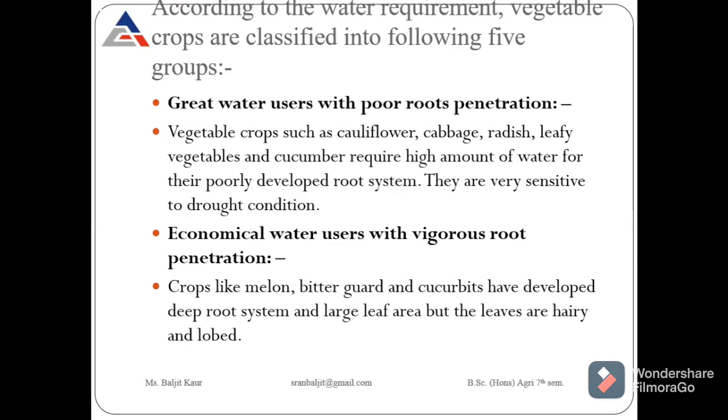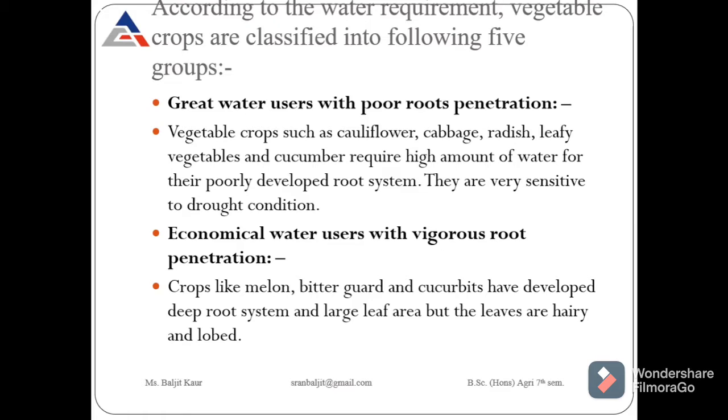Firstly, there is a group of vegetable crops which are great water users with poor root penetration, meaning their root penetration is not good. Root penetration is very light, you can say. They have a very poorly developed root system, but they are great water users. They need water for their growth and development.